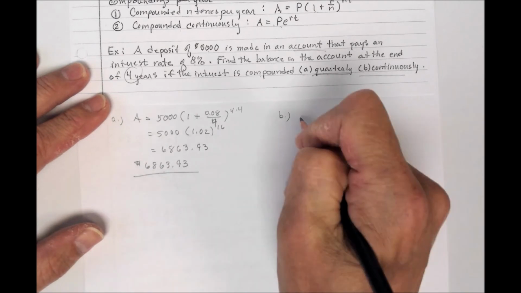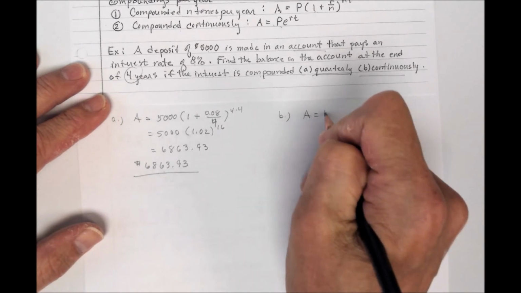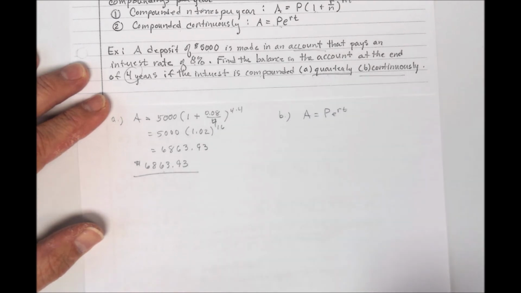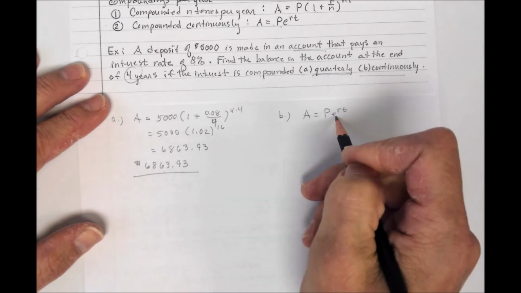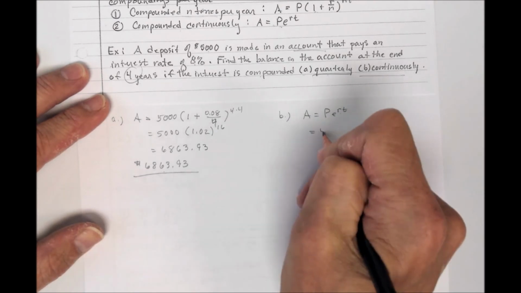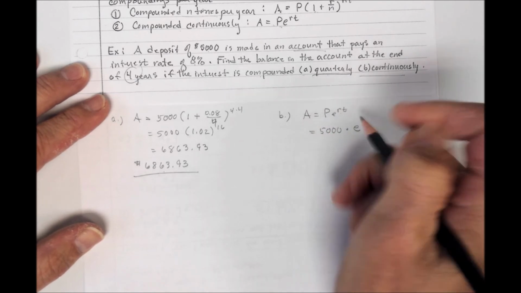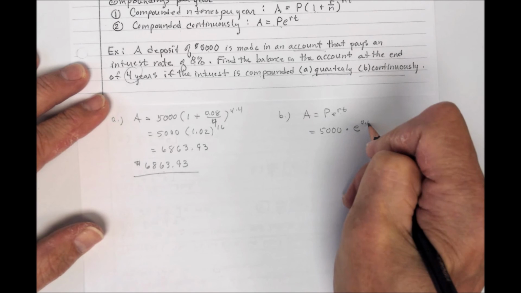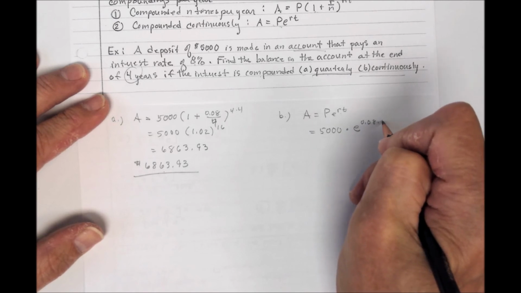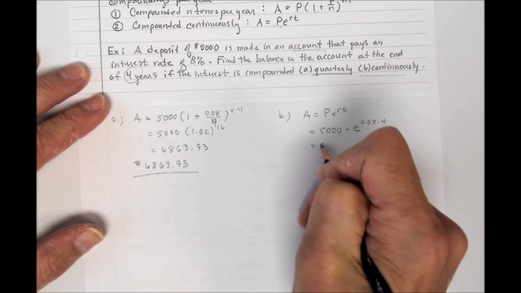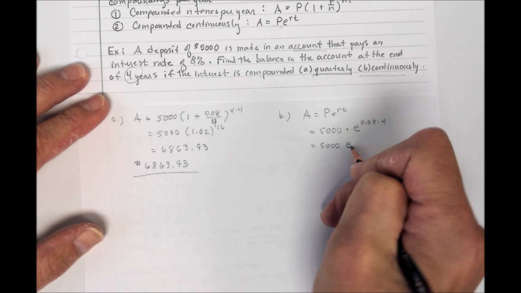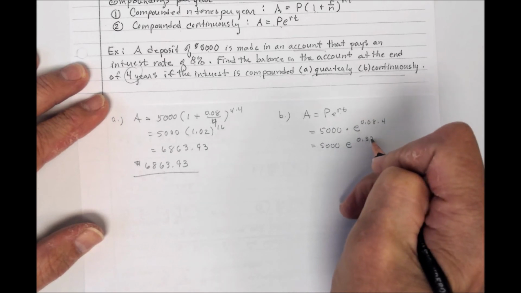So now I'm going to use this formula. I like to think of it as PERT, because it reminds me of the word pert. 5,000 times e to the RT, so that would be 0.08 times 4. So I have 5,000 e to the 0.32.